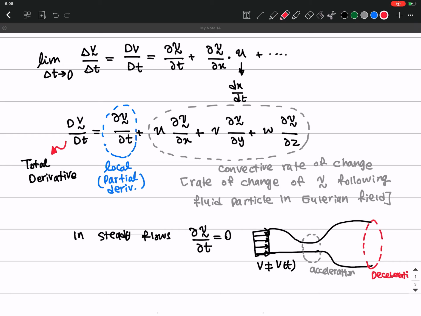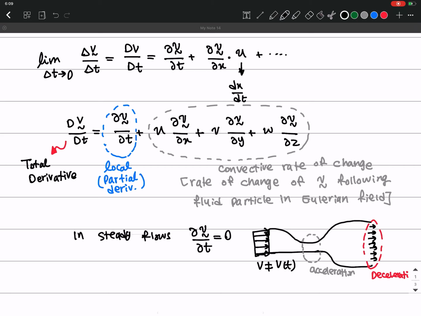And the reason is clear because of the continuity equation. You have more fluid here, so in order to have the same mass flux, the velocity has to accelerate here. And then here it has to decelerate, so the velocity needs to decrease in order to have the same mass flux throughout this channel.